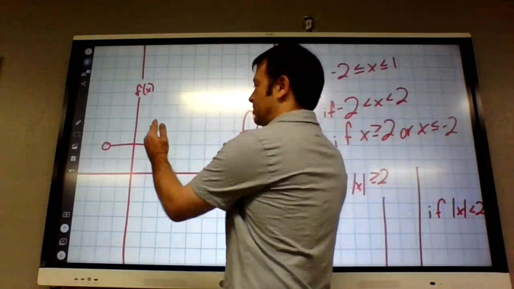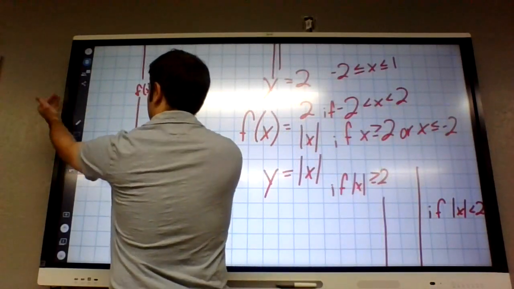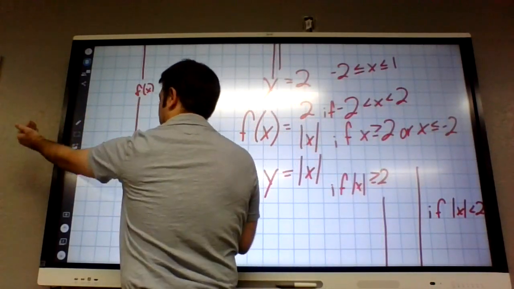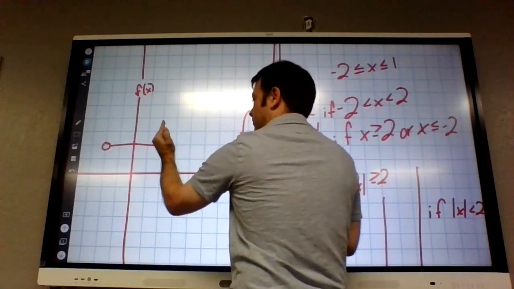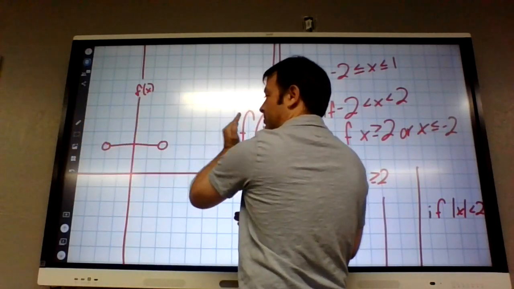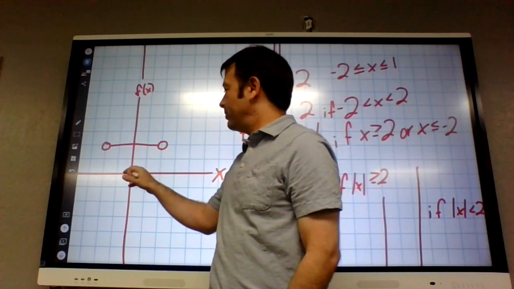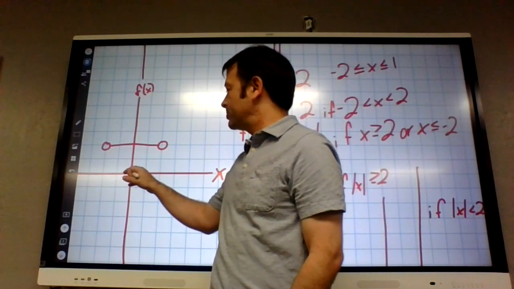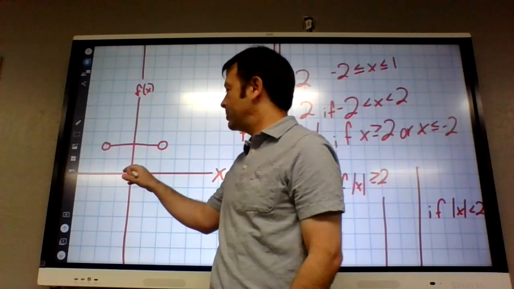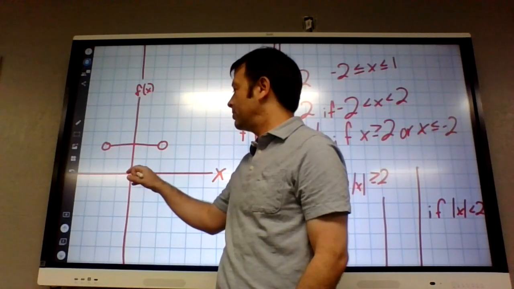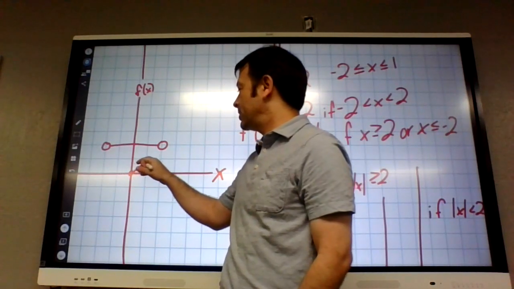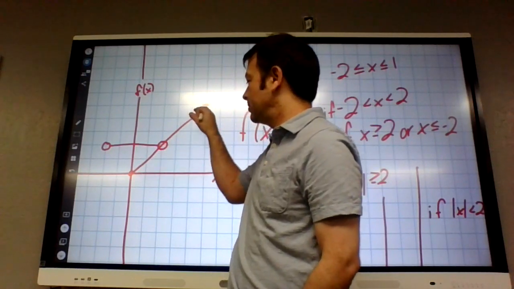So basically it starts at the end. From here to the left, that's less than or equal to negative 2 on the x. And from here to the right is greater than or equal to 2. Normally it would start at the origin, but we're not supposed to graph this part. So do not draw what I'm about to draw. Normally, it would look like this, right?